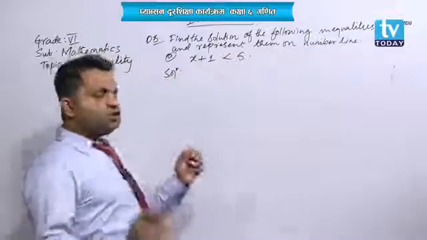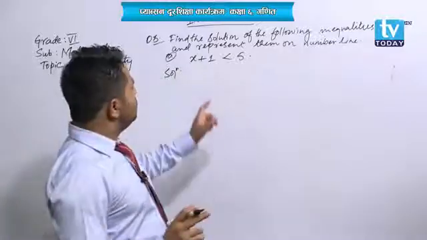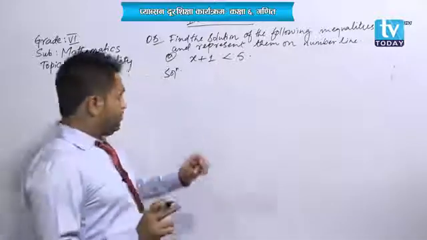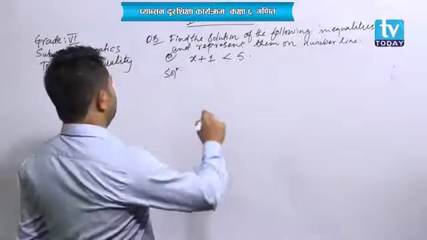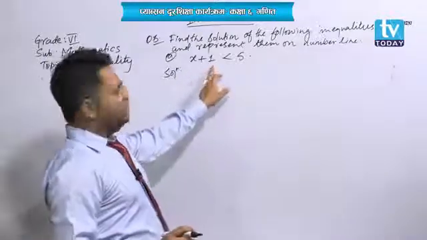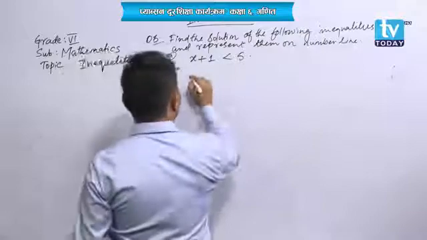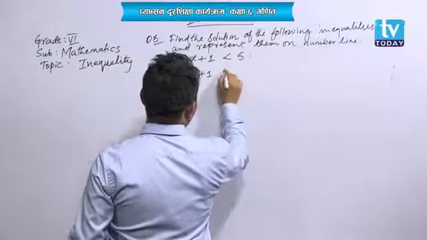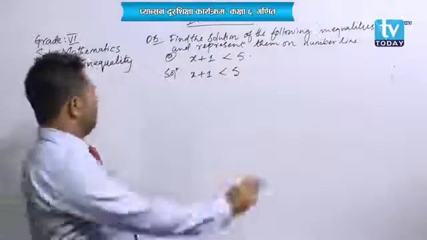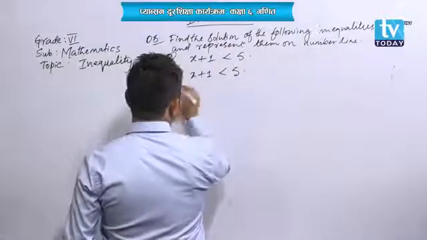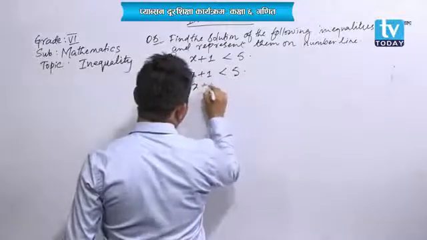Our intention is to find the value of x. Now here is plus 1. So x plus 1 less than 5. Now our intention is to find the value of x.